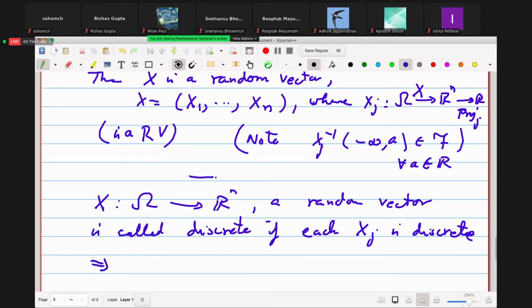Equivalently, the image of x is a countable set.